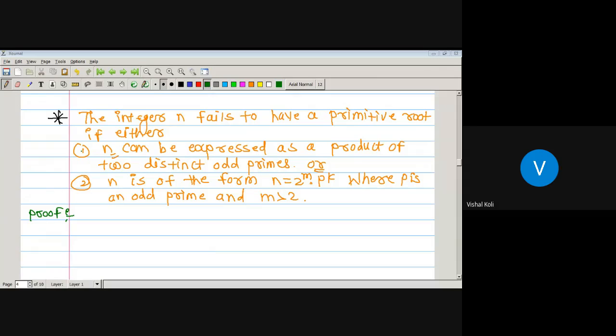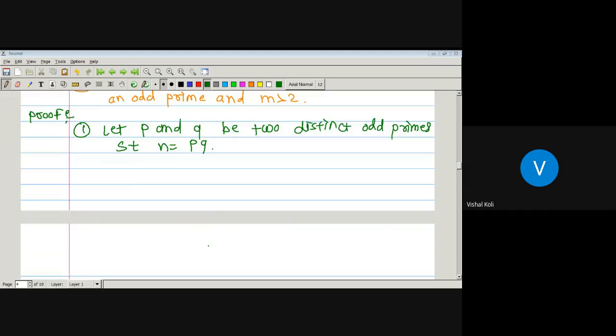We'll take the first case, that is n can be expressed as a product of two distinct odd primes. Let p and q be two distinct odd primes, such that n is equal to p into q. So here n is nothing but p into q.